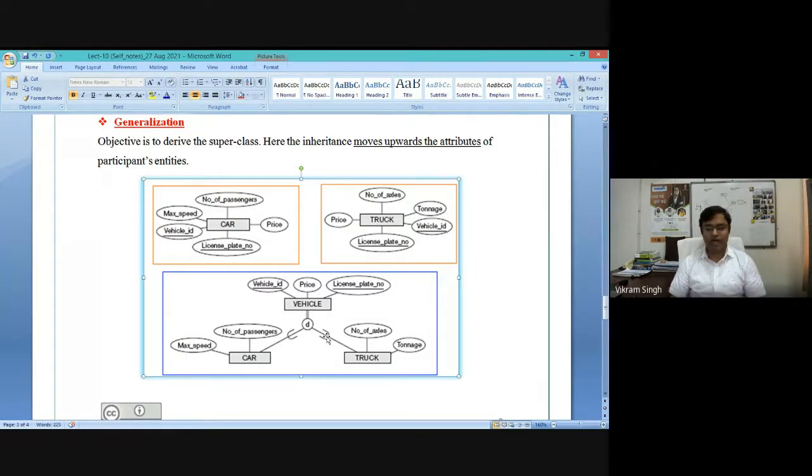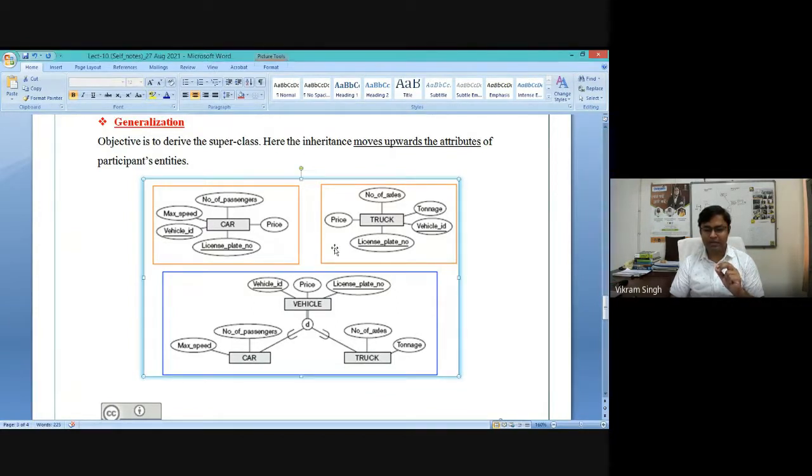You can see at the bottom, for the two input entities, car and truck, we can perform a generalization upward, and there could be one superclass or super entity which is called vehicle, right? And it will have the attributes common to both participating entities. So you can see in the superclass, vehicle ID, price, license plate, which are common in both input entities, are moved.